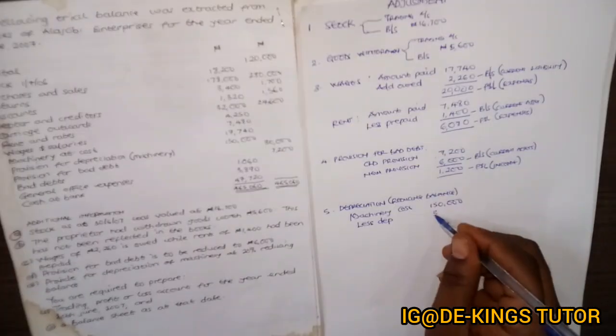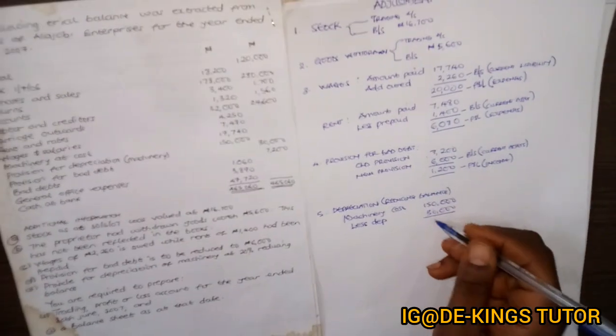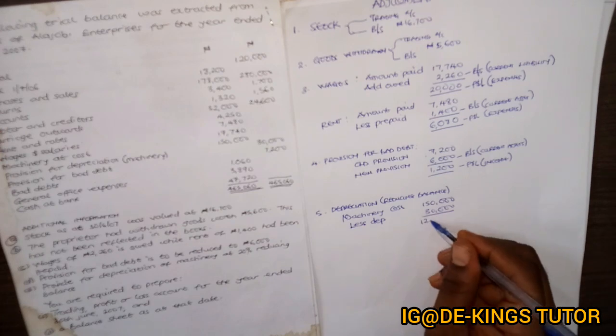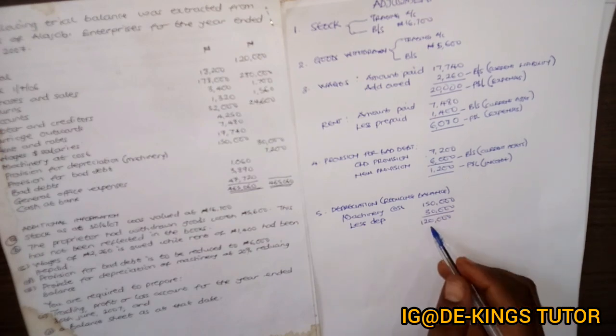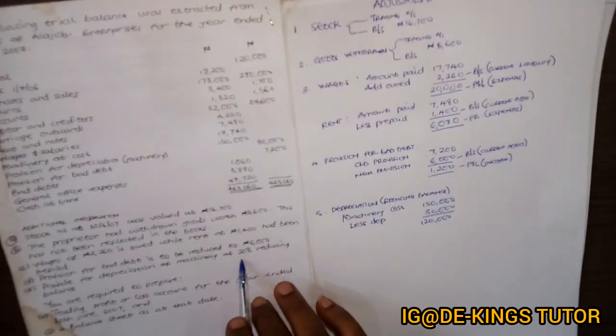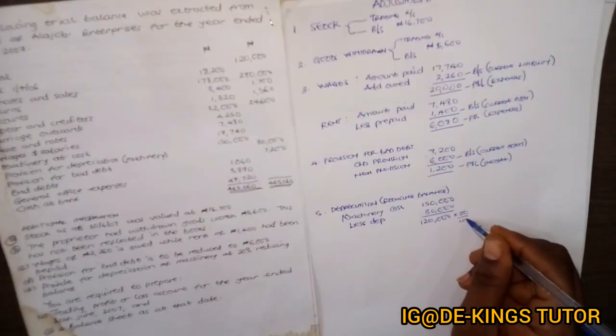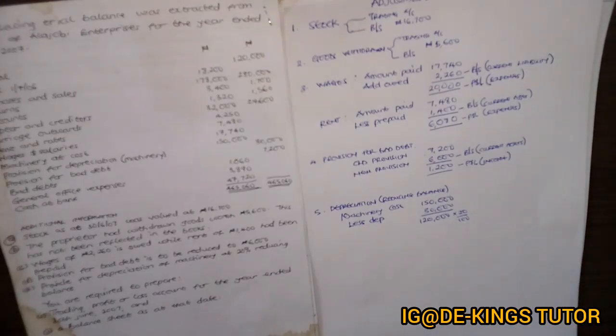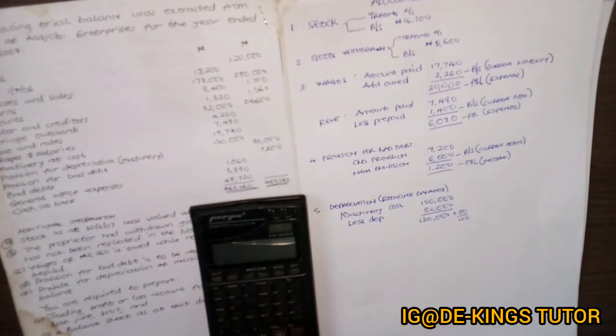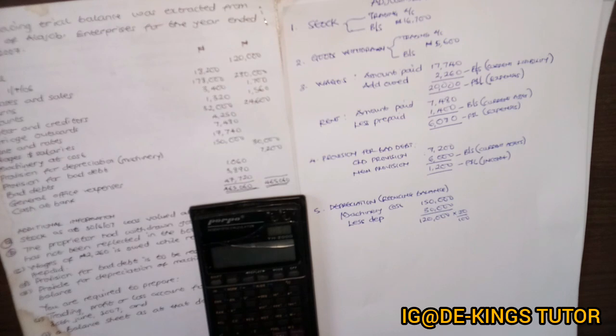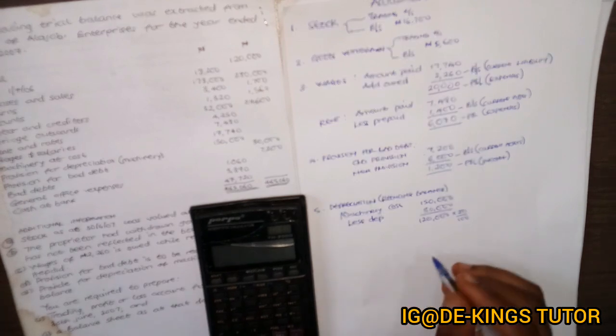So 150,000 minus 30,000 gives us 120,000. It is on this reduced balance that we calculate the 20%. So 120,000 times 20 over 100. With our calculator, 20 divided by 100 times 120,000 gives us 24,000.